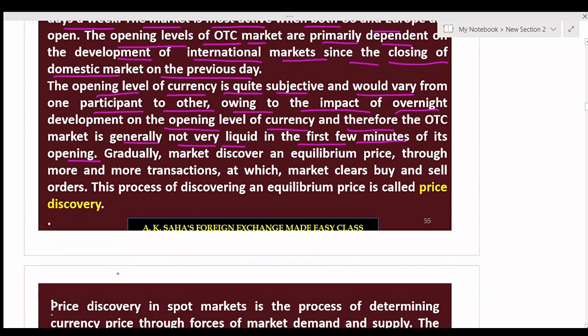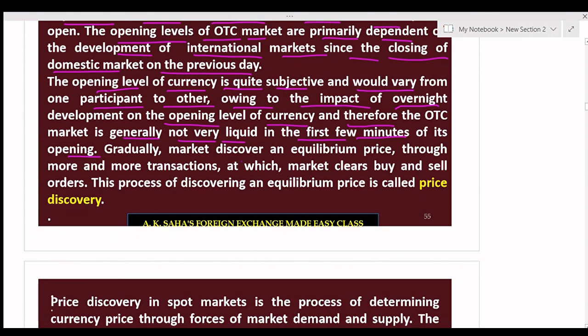Gradually, the market discovers an equilibrium price through more and more transactions at which the market clears buy and sell orders. This process of discovering an equilibrium price is called price discovery.